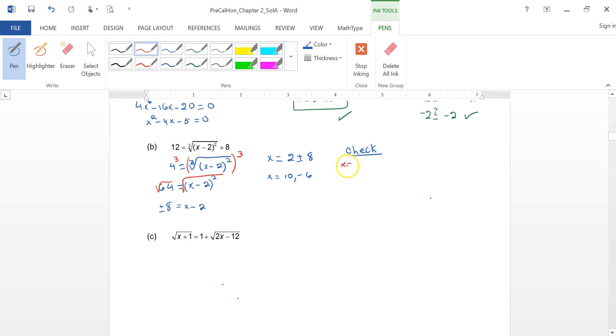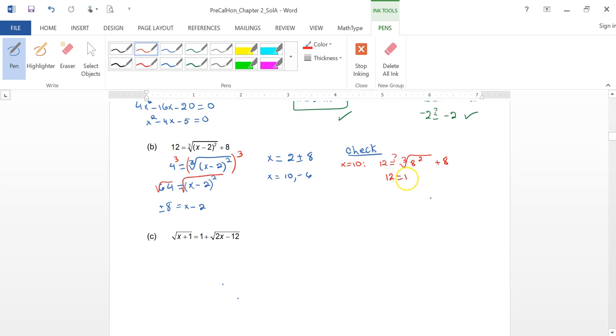X equals 10 means, does 4 equal the cube root of 10 minus 2 squared? 10 minus 2 is 8, squared is 64, and the cube root of 64 is 4. Oh, they do equal.